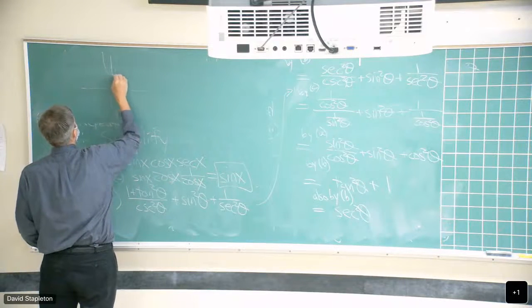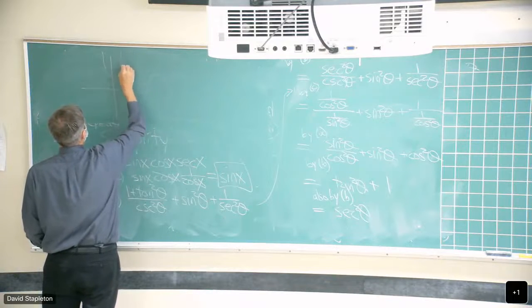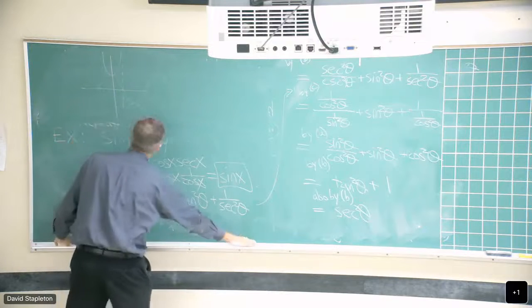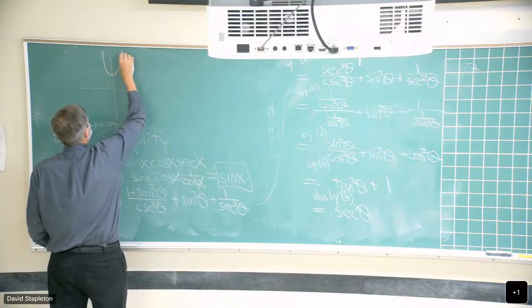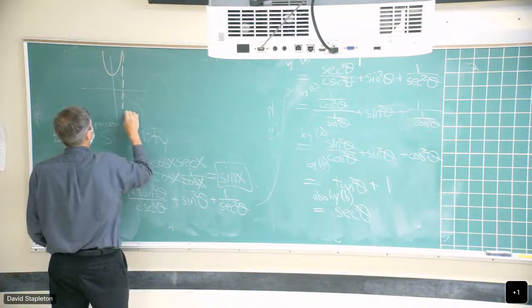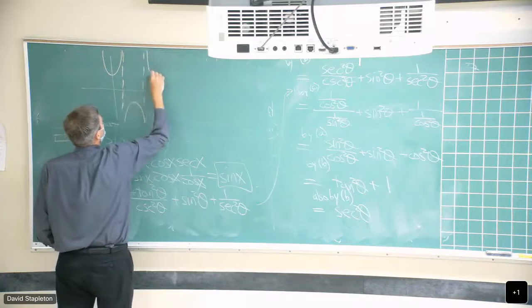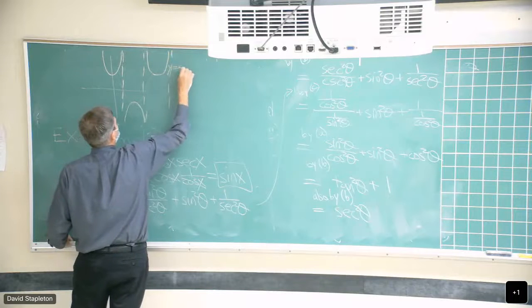It touches the cosine function's peaks and valleys. So here secant goes like that, where the cosine crosses the axis, secant has an asymptote, so we look like that. So here's y equals secant x.